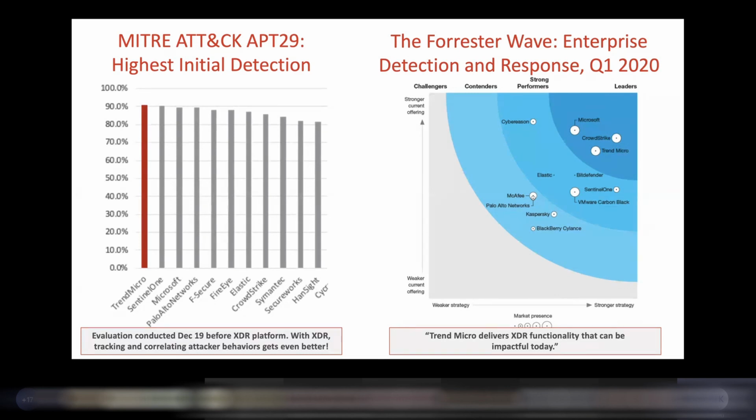There was a report related to the APT29 cybercrime group, and the tests were made by MITRE and mapped to ATT&CK, and we were evaluated with our EDR platform. It was before the XDR was launched. However, the final evaluation was that we got, I think, the best results here.